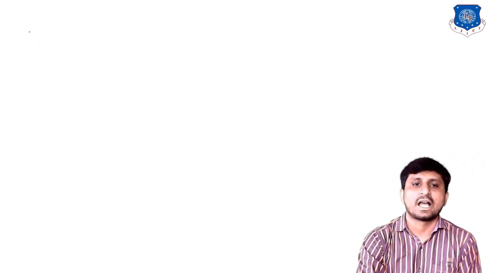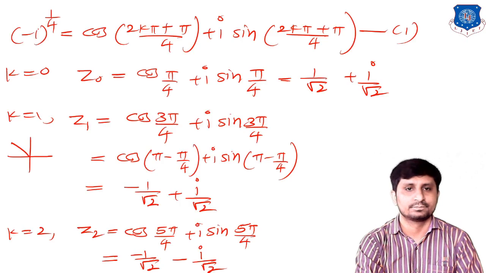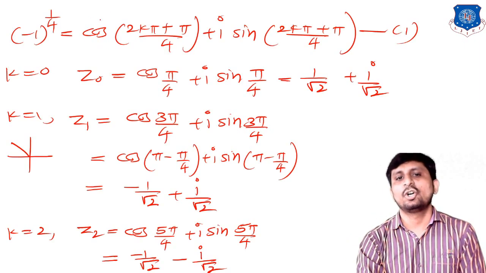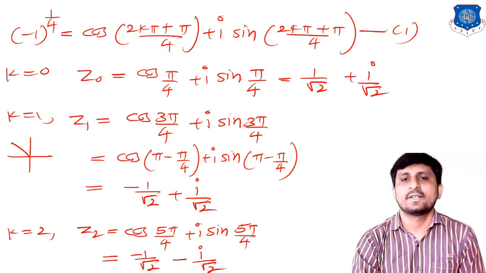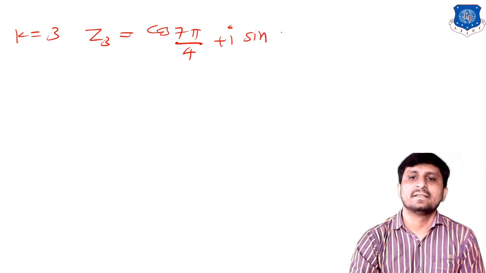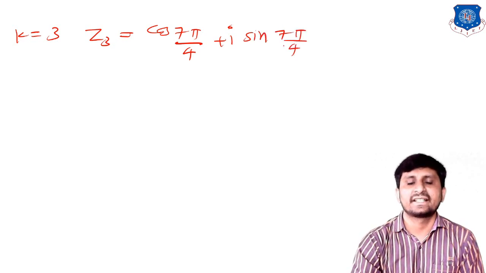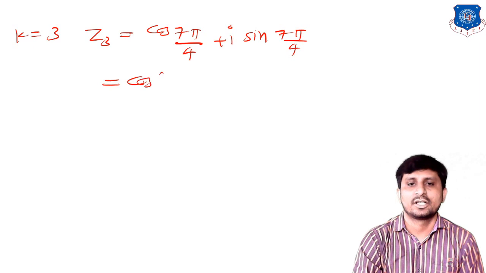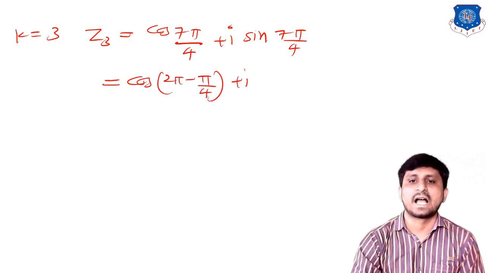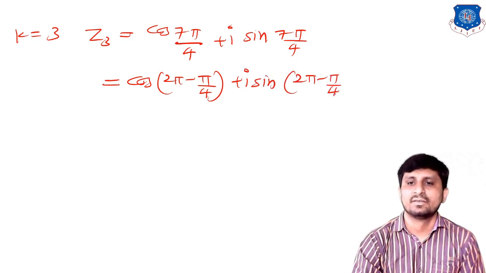And now let's take k equal to 3, okay. So the value of z3, you will get cos((6 pi plus pi) by 4), so cos 7 pi by 4 plus i sin 7 pi by 4, and that can be written as cos(2 pi minus pi by 4) plus i sin(2 pi minus pi by 4), okay.